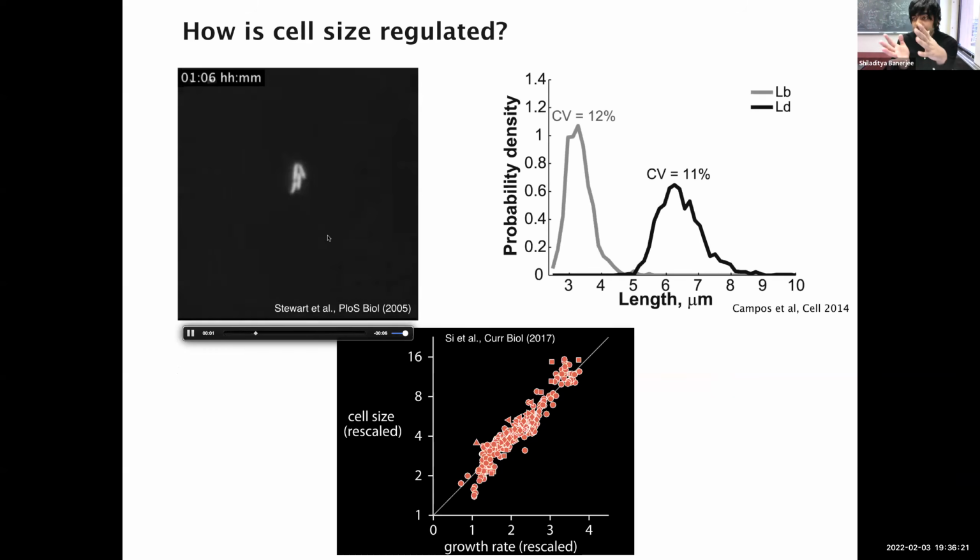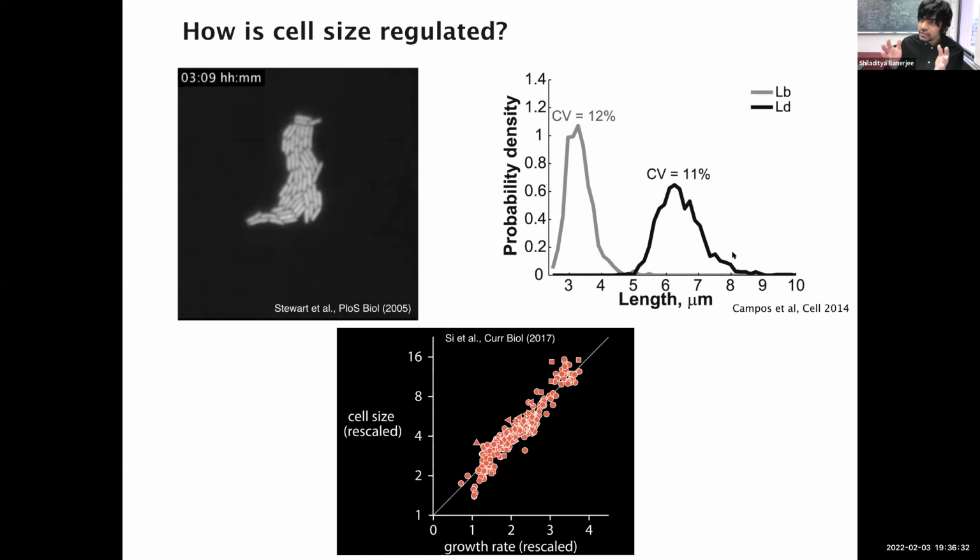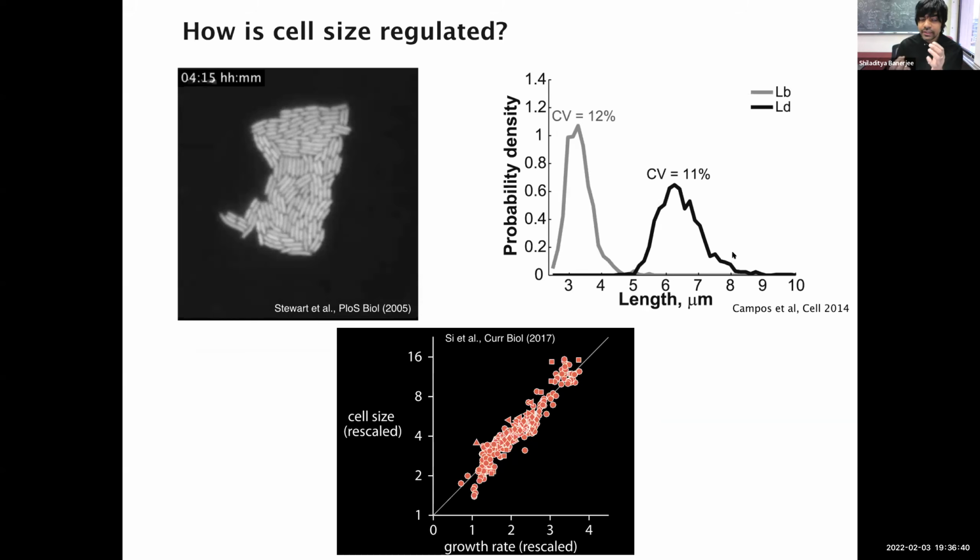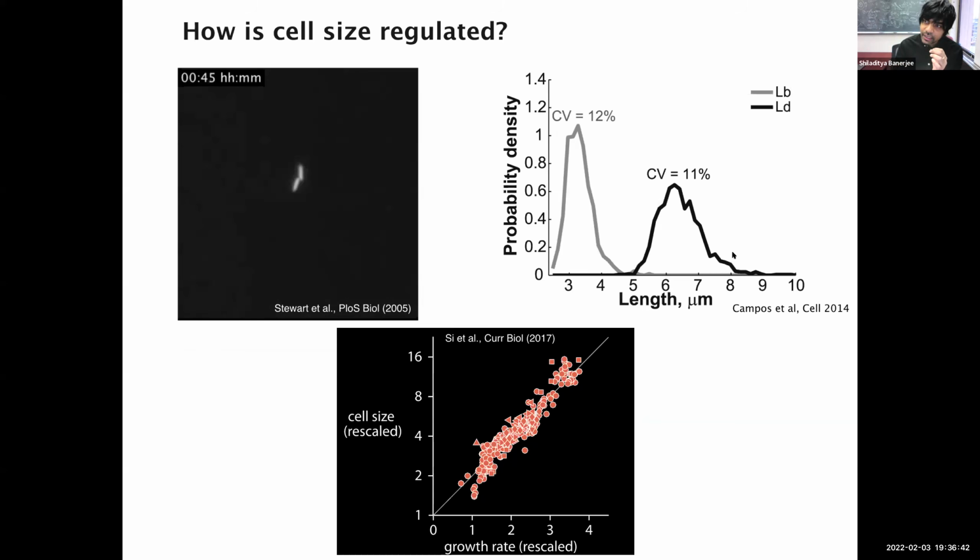So nothing is really happening in the other dimension. And if you measure the length distribution of bacterial cells at the time of their birth, which is L_B, and at the time of division, you see a fairly tight distribution of the cells. Right? So the probability density is fairly well maintained, right? So that means that there is some mechanism for regulating size, right?